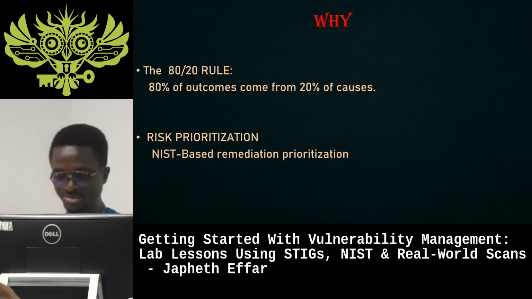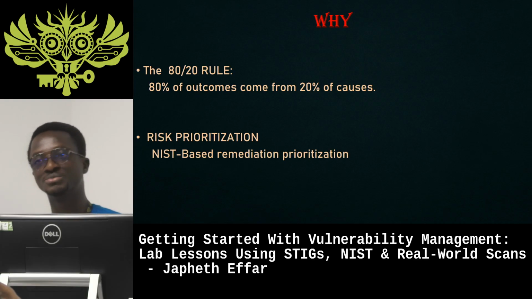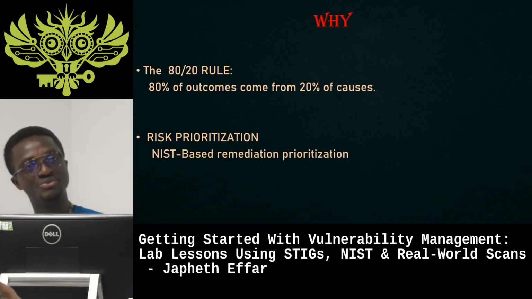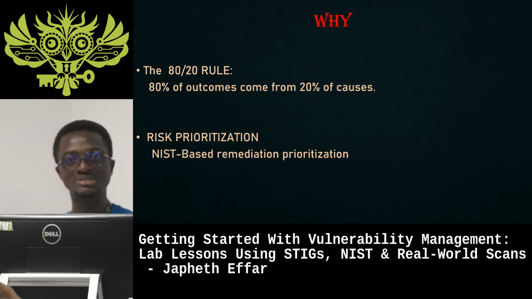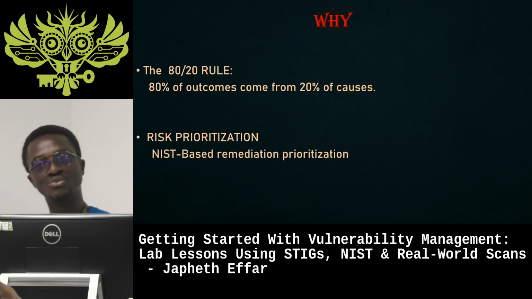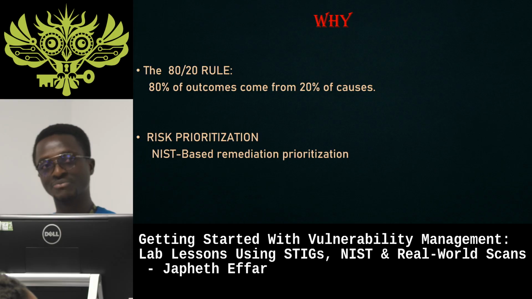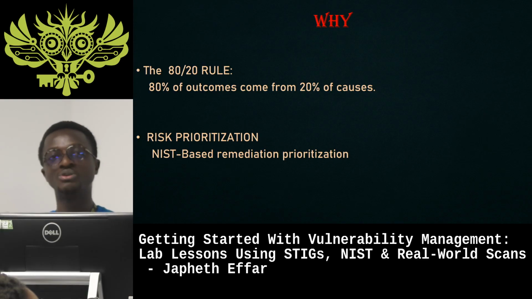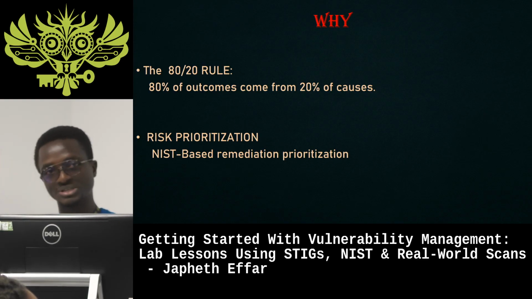So in vulnerability management, the 80-20 rule is saying that 80% of security breaches could be prevented if 20% of vulnerabilities that are very high, vulnerabilities that when exploited could cause irreparable damage, could be remediated.